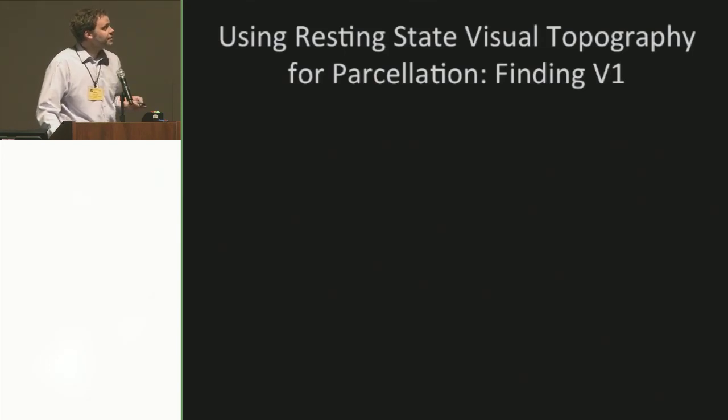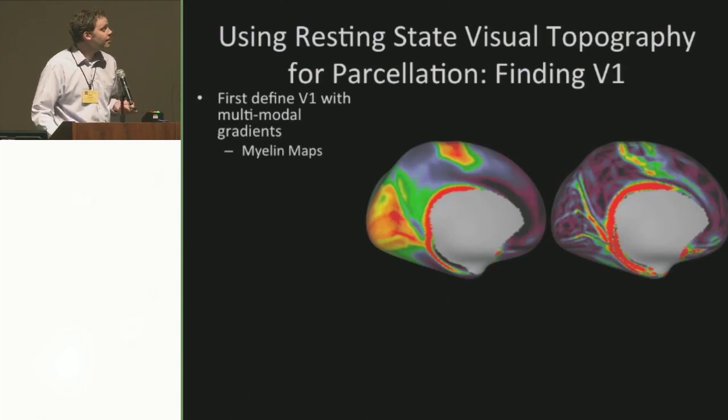So what about using resting state functional connectivity for doing visual parcellation? Since we don't have a task, we can't stimulate the retina, so we have to define our coordinate space in V1 instead of on the retina. So we've got to identify V1. We've got a nice potential gradient here for V1 in the myelin maps.